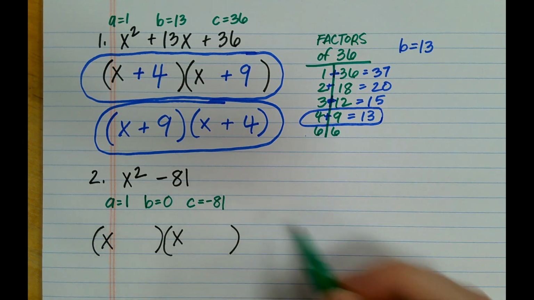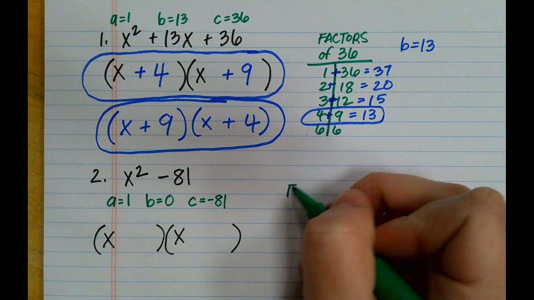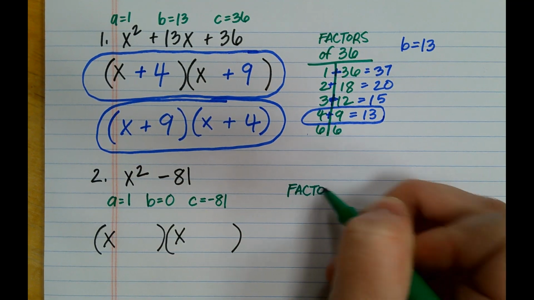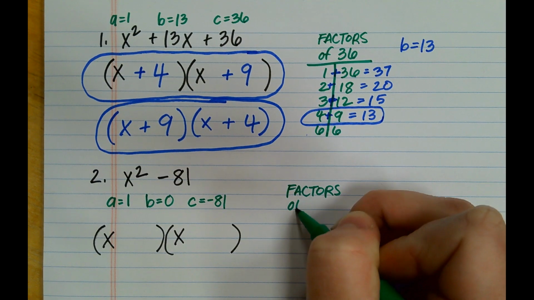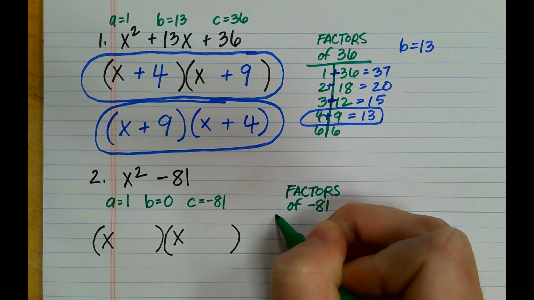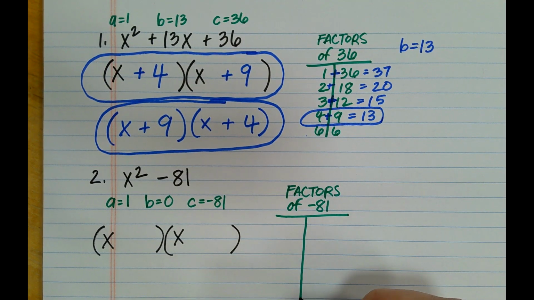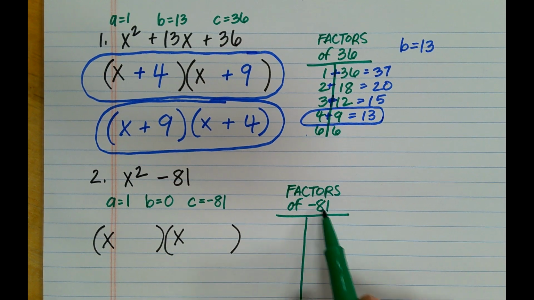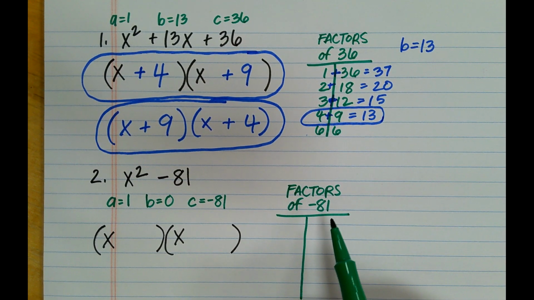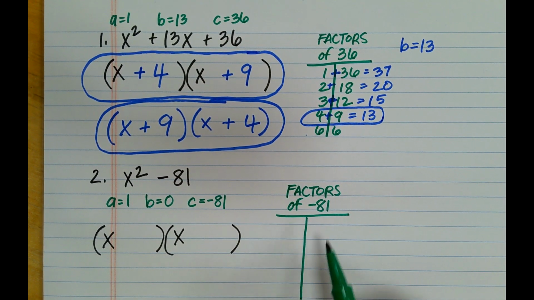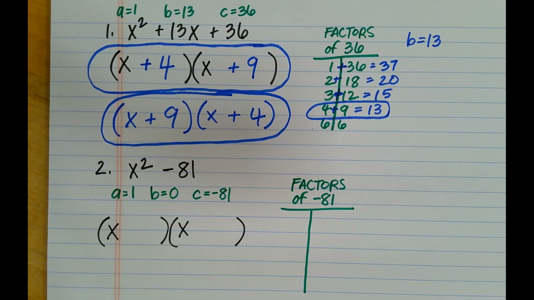I want to find all the factors of negative 81. So whenever we have a negative number we're trying to find factors of, what should my factors look like? What signs should they have?